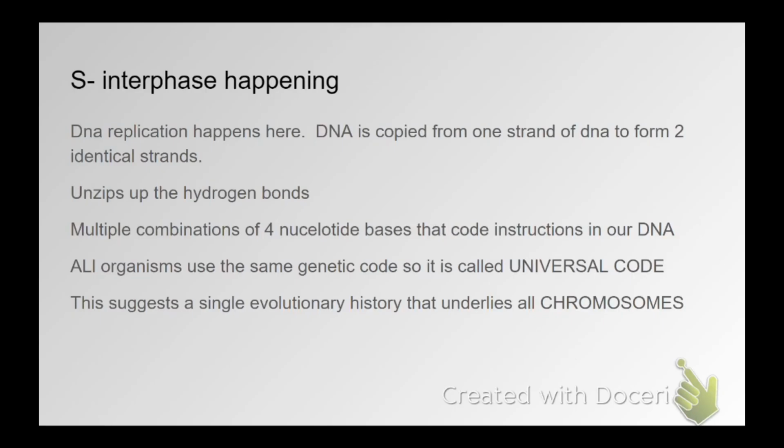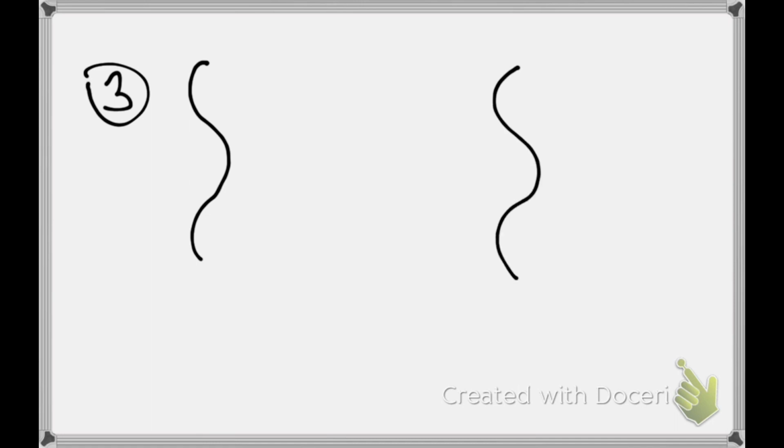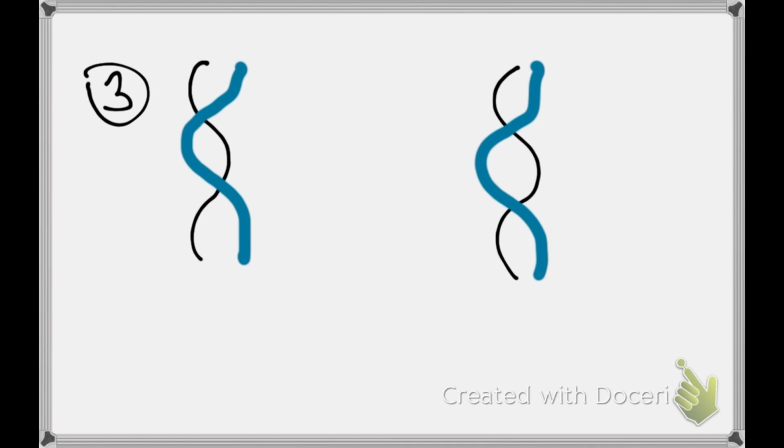I understand you may not have finished that drawing perfectly. It's okay. You get the gist. All I want you to know from that, this would be step 3, is that they then recoil. And I now have 2 strands of DNA, right?